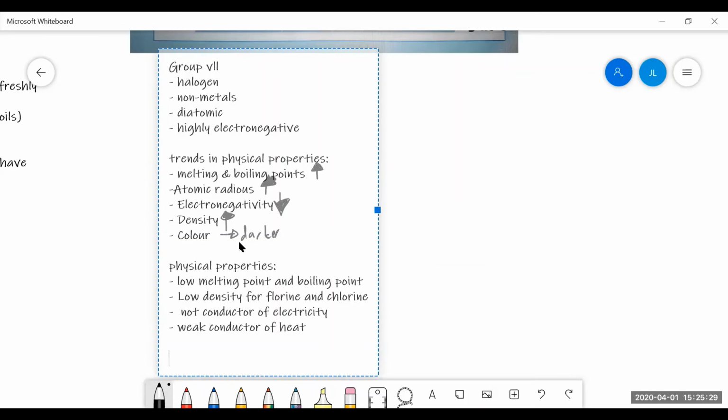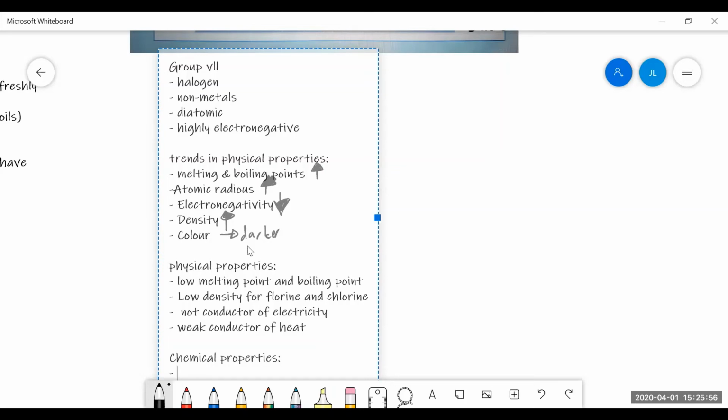Then we move on to chemical property. All halogens have similar chemical properties because they belong to the same group, but the reactivity varies. Rate of reaction differs.